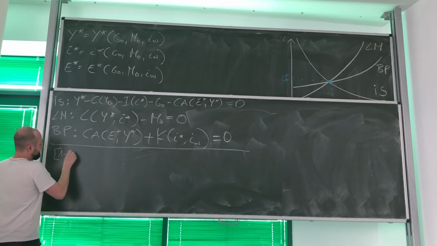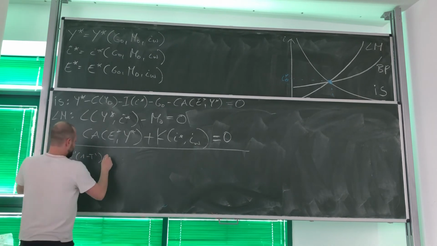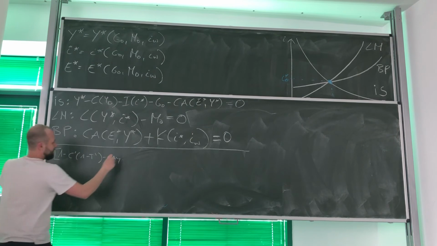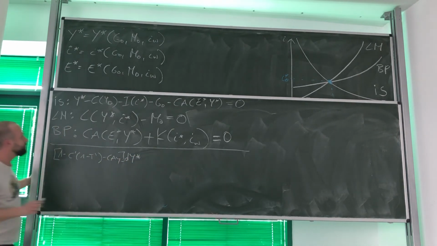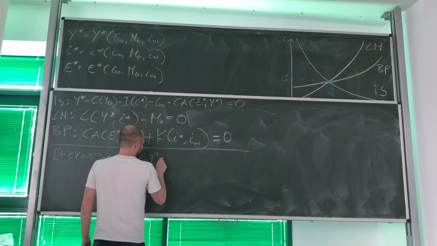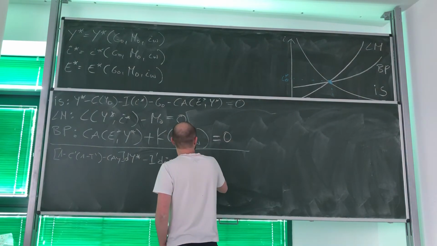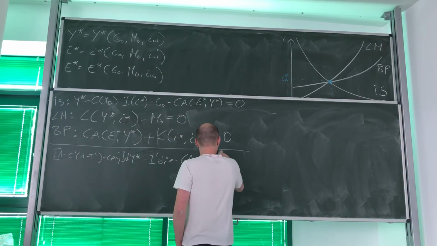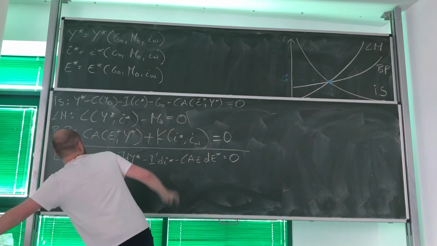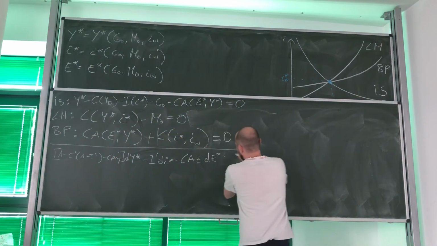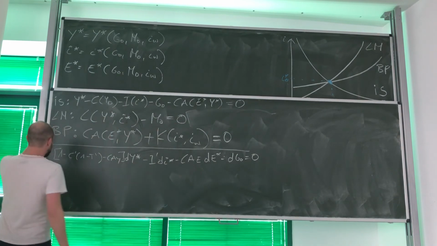This is going to be 1 minus C prime, 1 minus T prime minus CAY, right? Times dy. Then we will have minus I prime dI and minus CAE dE. I almost forgot, and of course the exogenous variable, minus dG. Okay, now we move to LM.